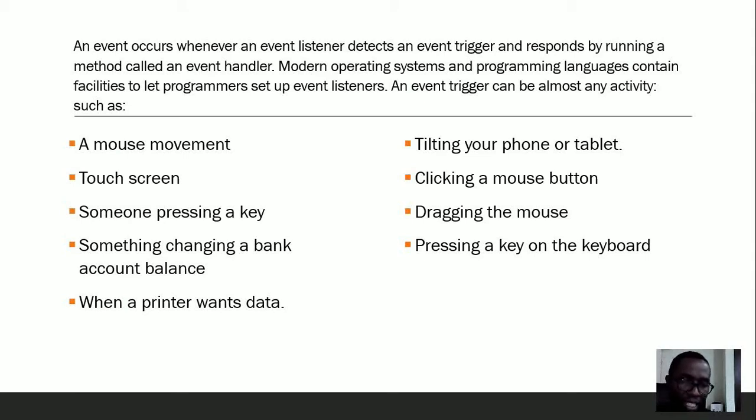So we are seeing here very important things: an event occurs whenever a trigger is detected by an event listener, and then an event handler would run a method or a function, or some code, and of course you will get what you want.